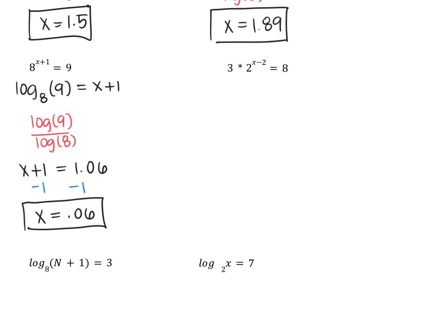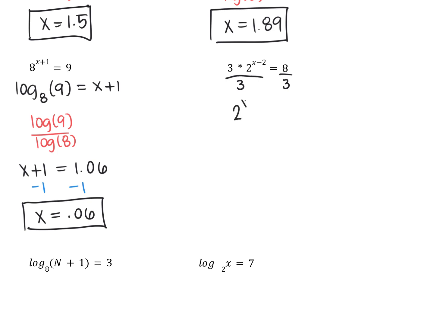In our third example, we have 3 times 2 to the x minus 2 equals 8. Before I can convert to logarithmic form, the only thing I can have on the left side, or wherever my exponent is, is the base number with that exponent. So I have to get rid of that 3 in front by dividing both sides by 3 first.